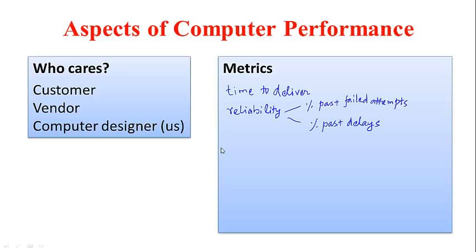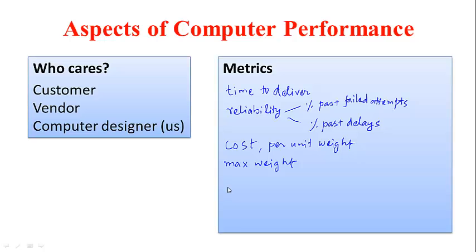Likely, you will primarily be worried about the time to deliver. You will also likely be worried about reliability in terms of the fraction of times in the past they have failed to deliver, or the fraction of times in the past they have delayed your delivery. The next important metric would be cost per unit weight, and perhaps you will also be worried about what is the maximum weight this courier service is allowing to carry.